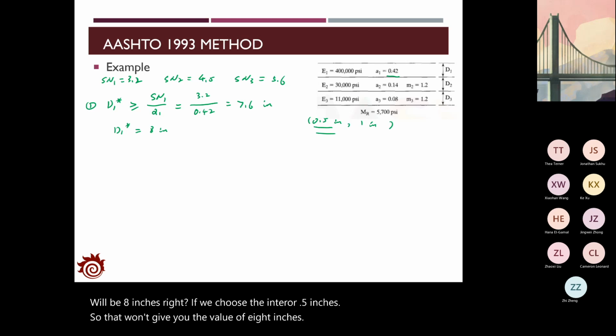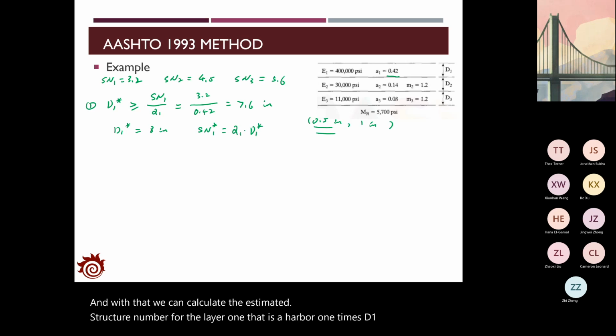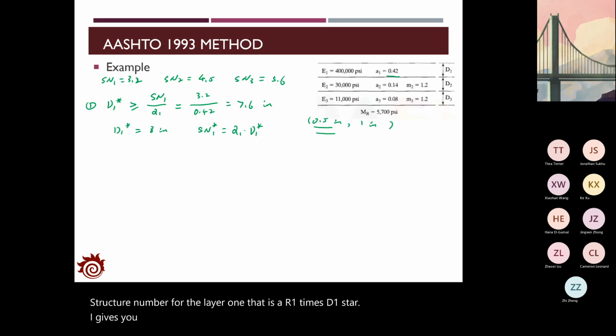With that, we can calculate the estimated structure number for layer 1. That is alpha 1 times D1 star, which gives you 8 times 0.42.